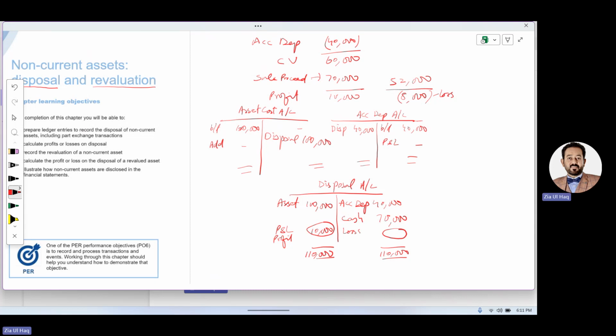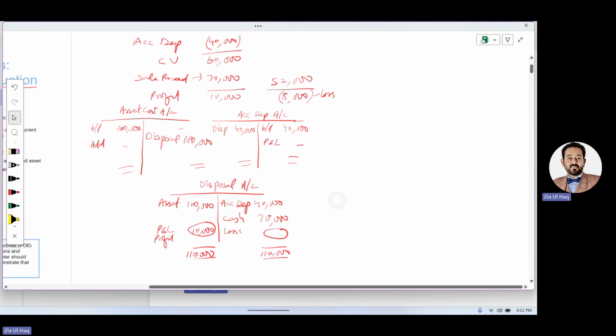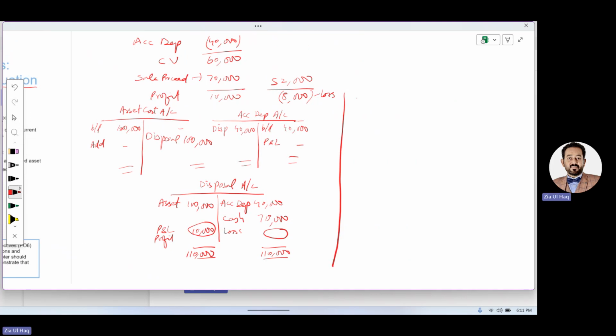Can you understand this? Yes. Now, if we move towards accounting entries, the first entry we will record is debit disposal with 100,000 and credit asset cost account 100,000.